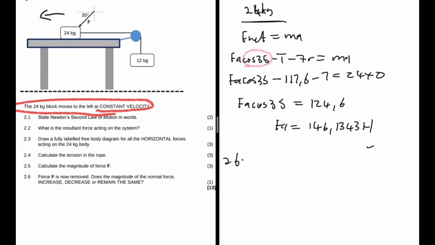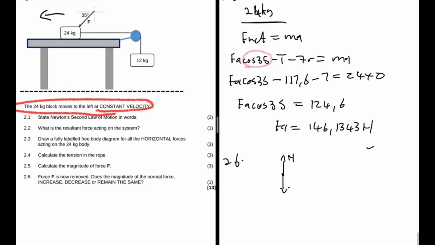Does the magnitude of the normal force increase, decrease, or remain the same? So let's find the formula for the normal force so that we can see what happens. Here on our object, when we're talking about the normal force, we now pay attention to the forces acting on the vertical, right? The normal force is pointing up, obviously, and then we have the weight going down, and we have F applied Y, right?